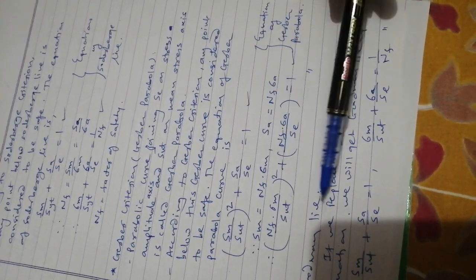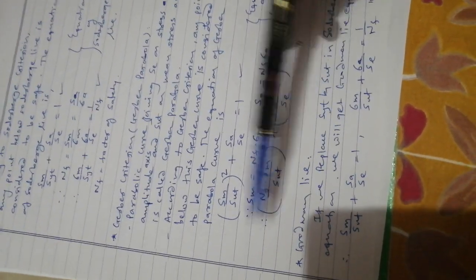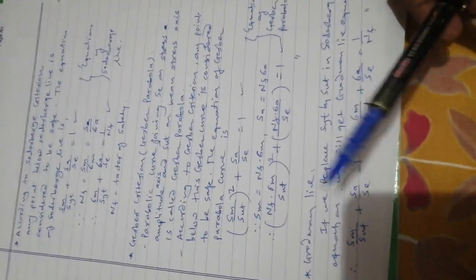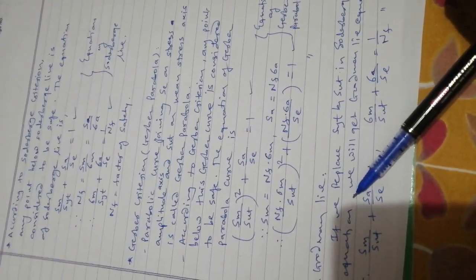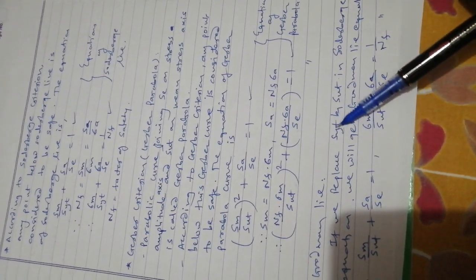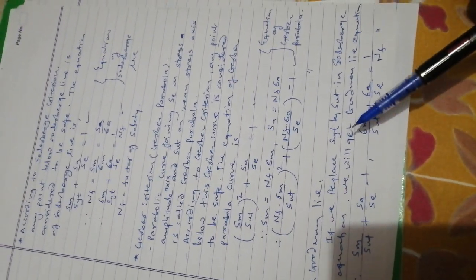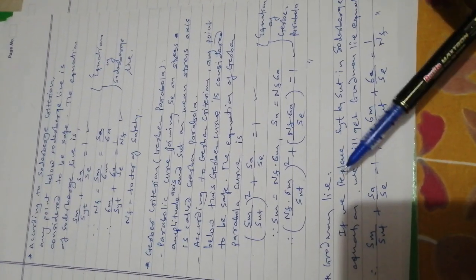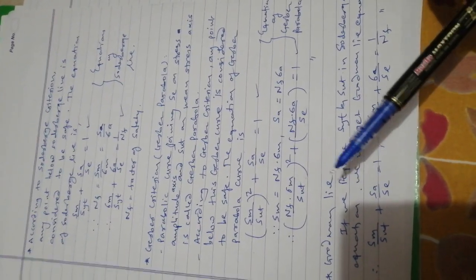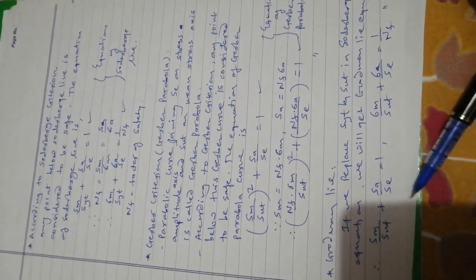Now the last and third one is the Goodman line. We see in the graph the line joining SUT on the x-axis and SE on the y-axis is known as the Goodman line. Similarly, the points below that line are safe.